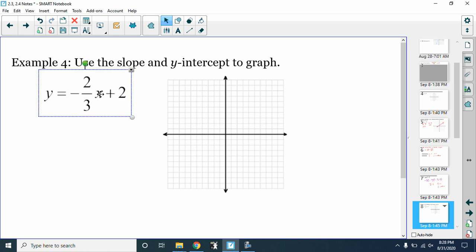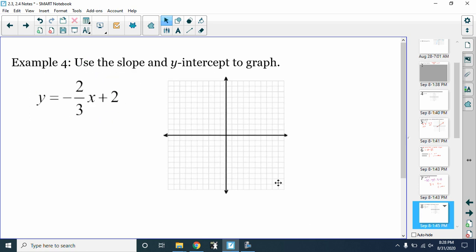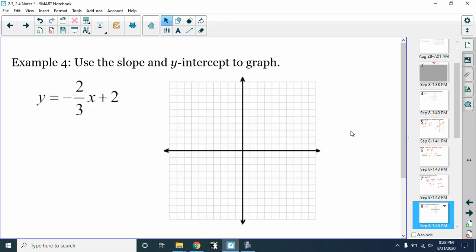We can graph lines using slope-intercept form. This line has a y-intercept of 2 and a slope of negative 2/3. Rise is negative 2. Run is positive 3.